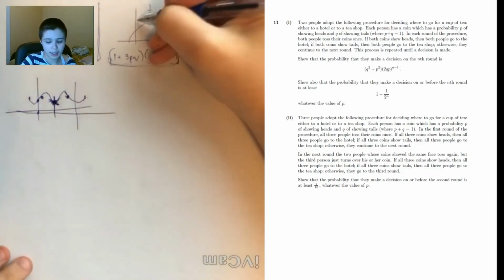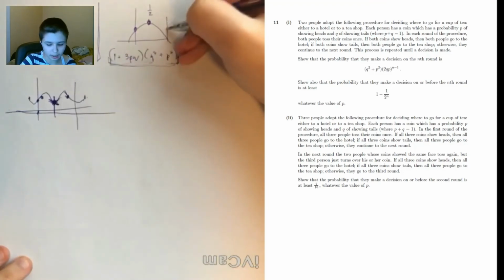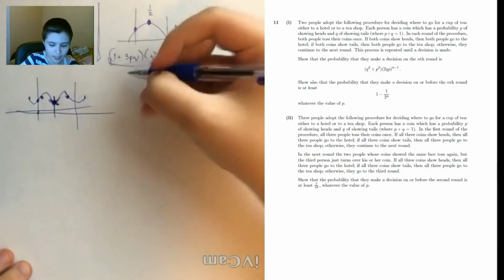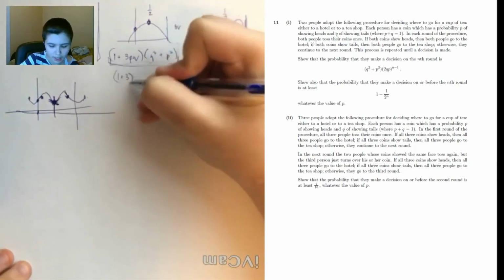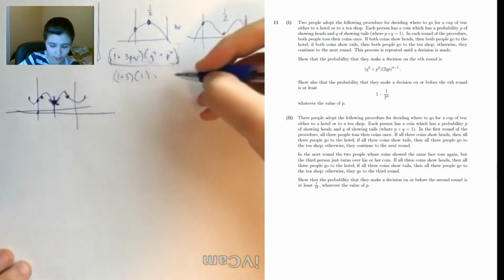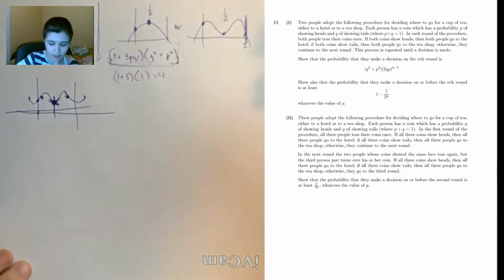And then looking at the value at 1 and at 0, it's going to be the same value. For p equal to 0, it's going to be 1 plus 3 times 0 times 1, which is 4, and the value at 1 is also 4.